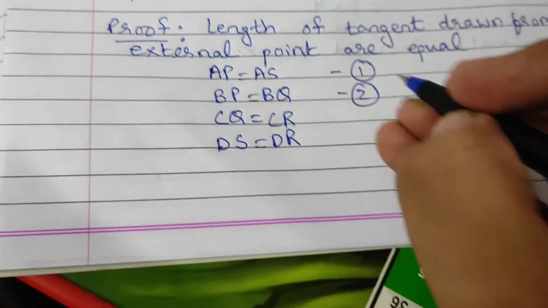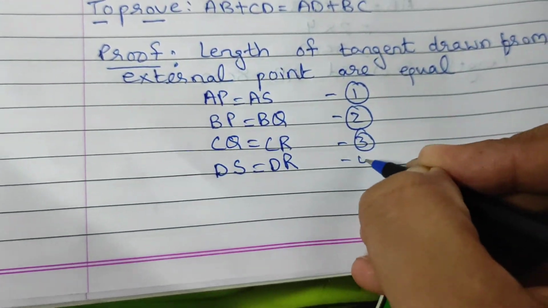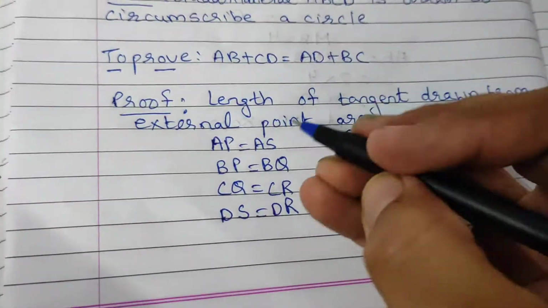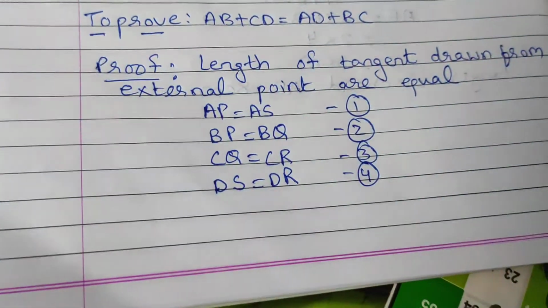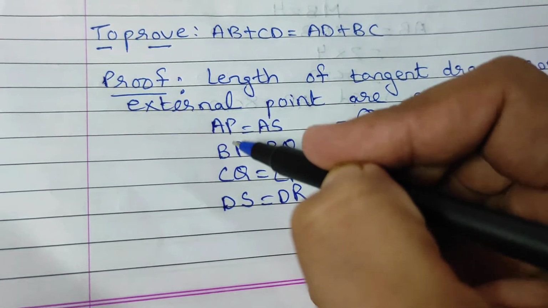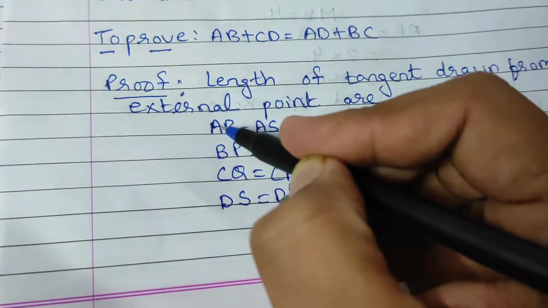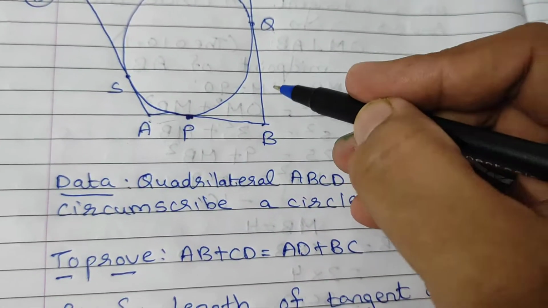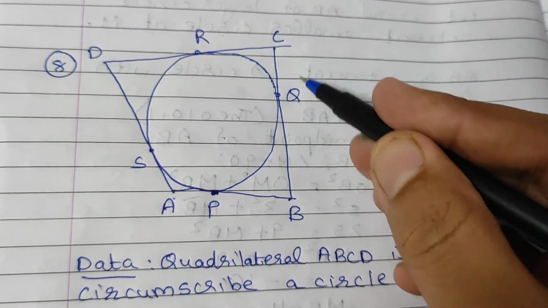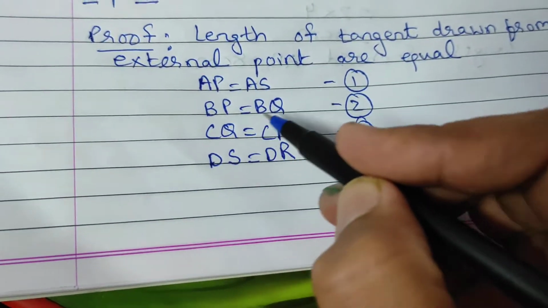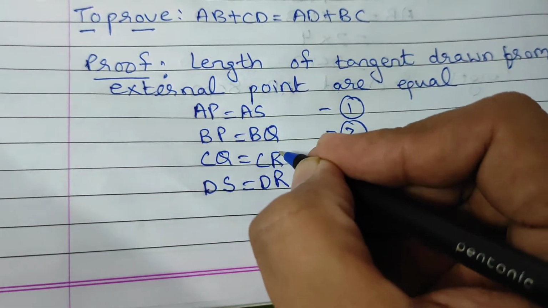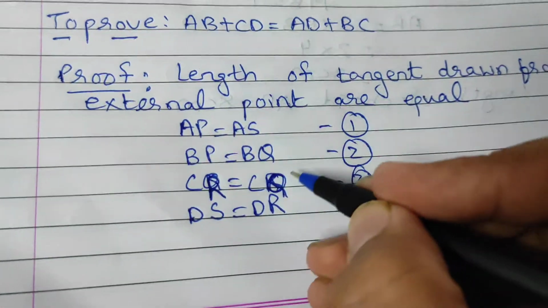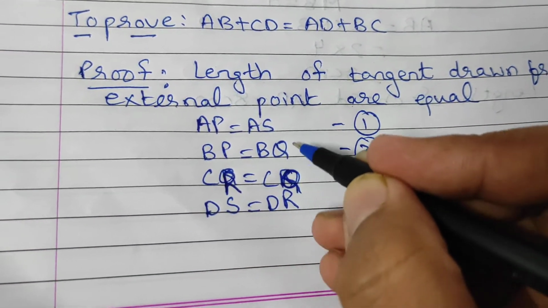Students, keep in mind that when you write this, AP and BP added give AB, so try to keep AP and BP on the same side, either right or left. Here AP and BP are both on the left side. In the same way, BQ and CQ should also be on the same side, but here I placed them on different sides, so change this to CQ, CR. So BQ and CQ should be on the same side.